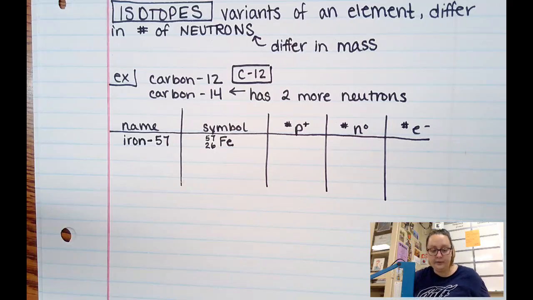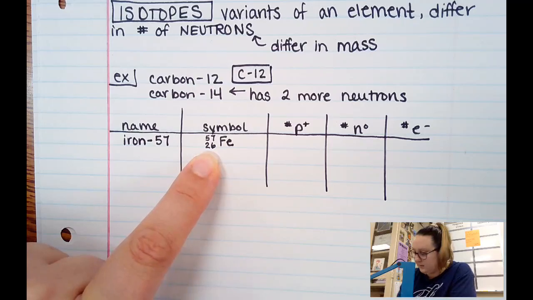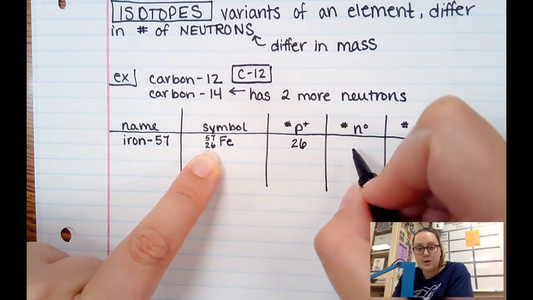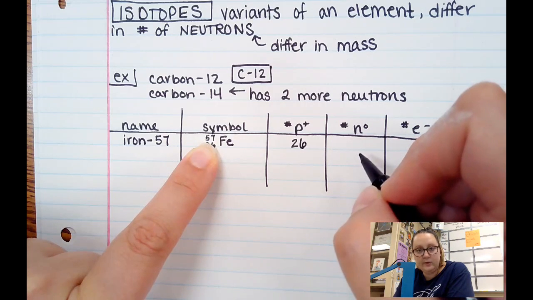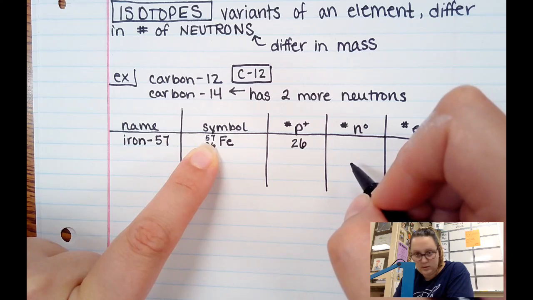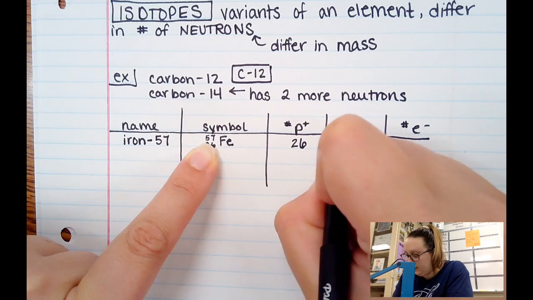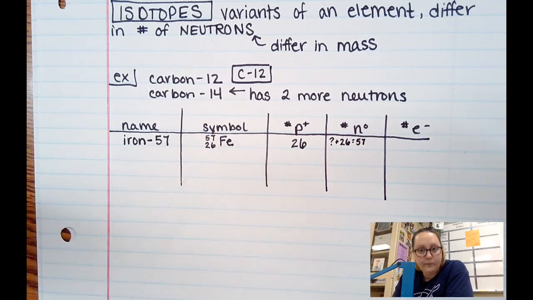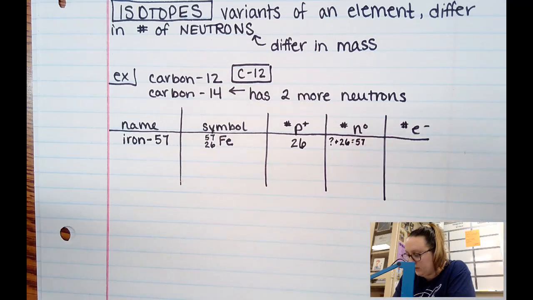Now, for number of protons, it is the atomic number, 26. To get neutrons, we know that the mass is protons plus neutrons. So I have to think, what plus 26 equals 57? And to solve this, you can do 57 minus 26.